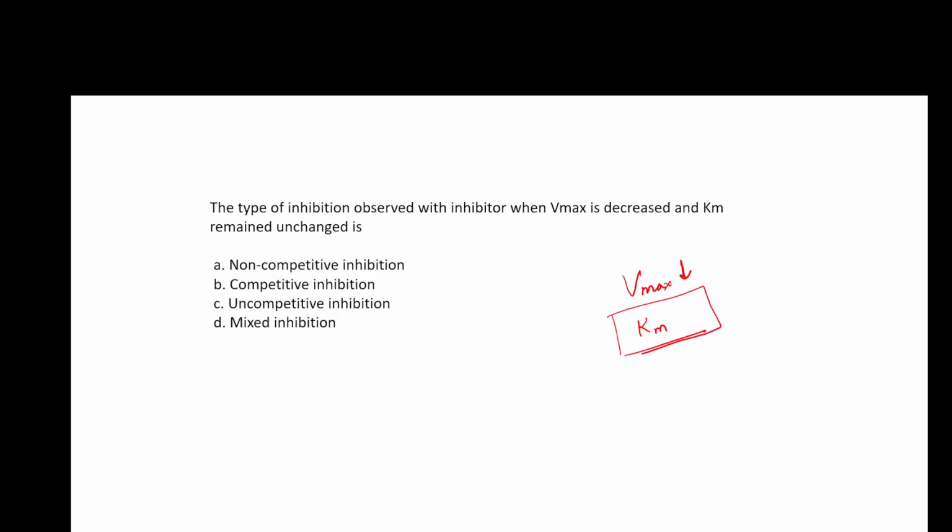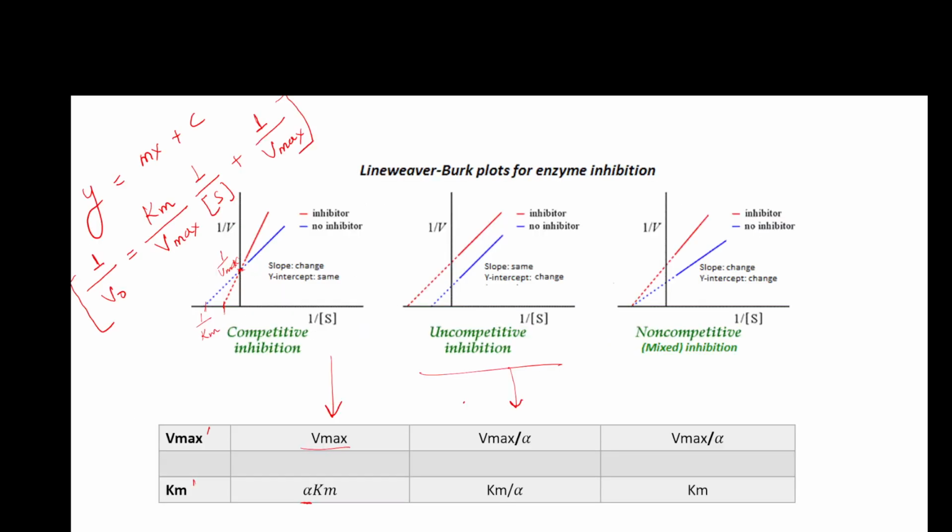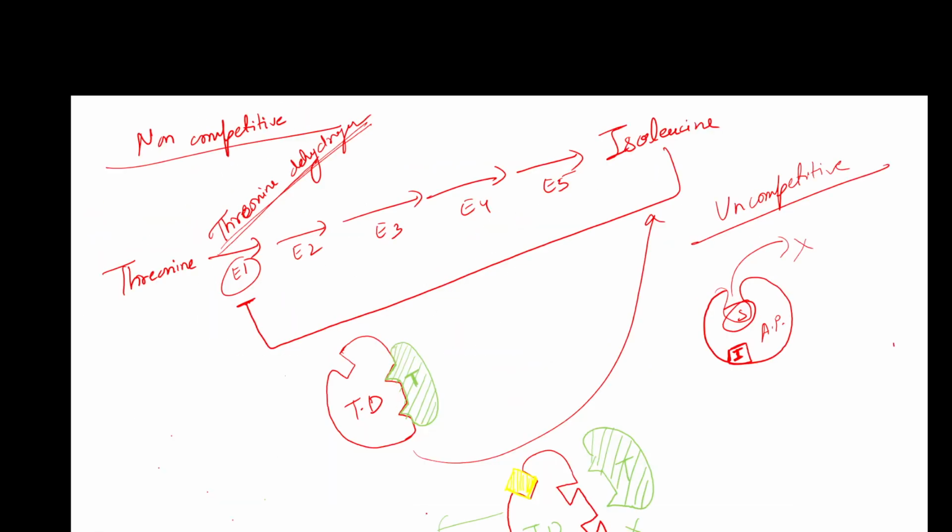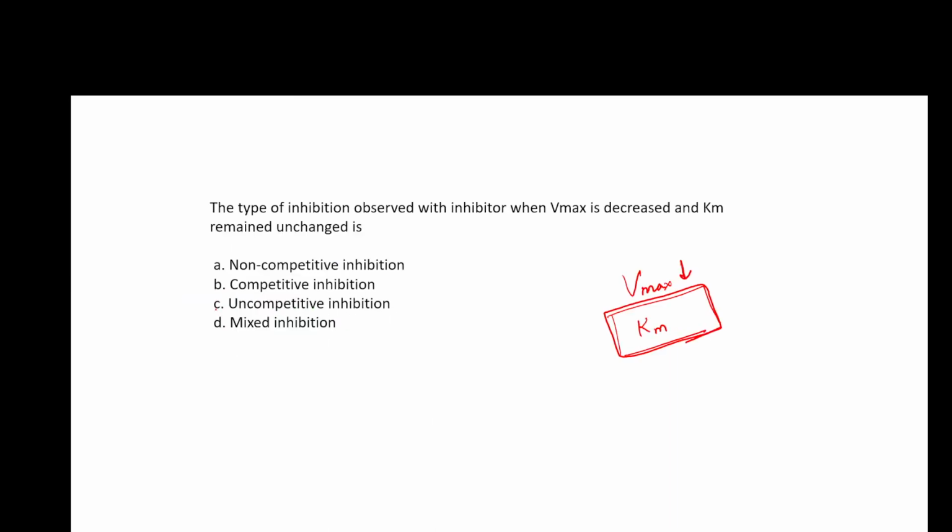Km remains unchanged when the inhibitor does not bind to the active site of the enzyme, and that happens in case of non-competitive inhibition, where the inhibitor is binding to the allosteric site. So this is a non-competitive inhibition. Correct option will be this. Then the type of inhibition where the inhibitor can bind to the free enzyme as well as the enzyme substrate complex, that also will be the non-competitive inhibition.